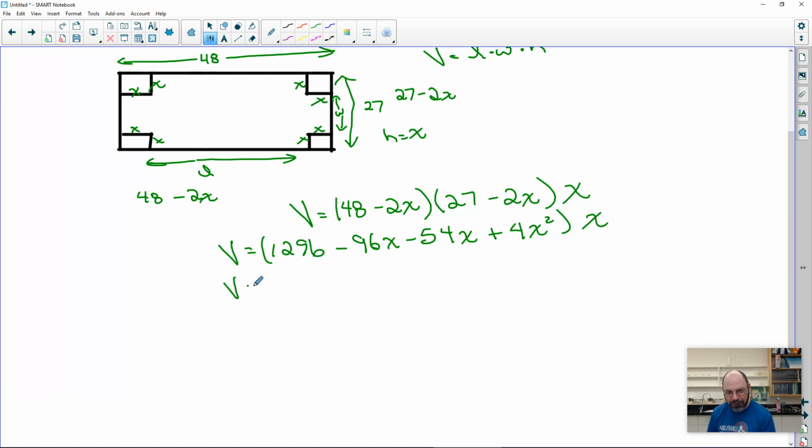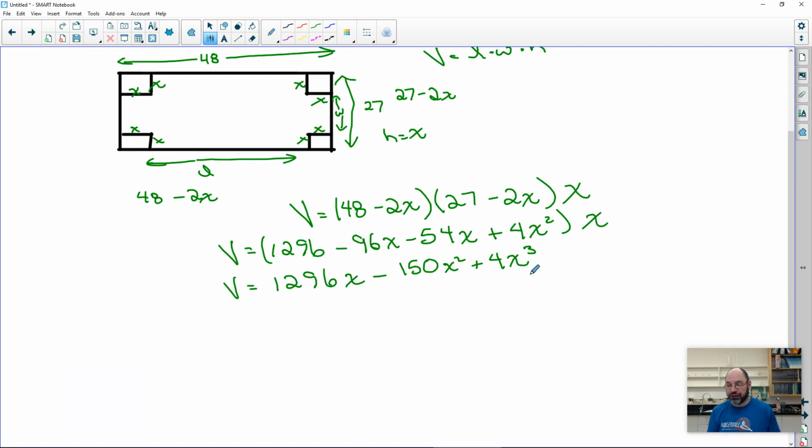So the volume equals 1296x, and we're going to combine these two to get minus 150x cubed, or no, x squared, what am I saying? Because this is x and x times an x, it's only x squared. And then finally plus 4x cubed. Okay, so there is our volume equation in terms of x.